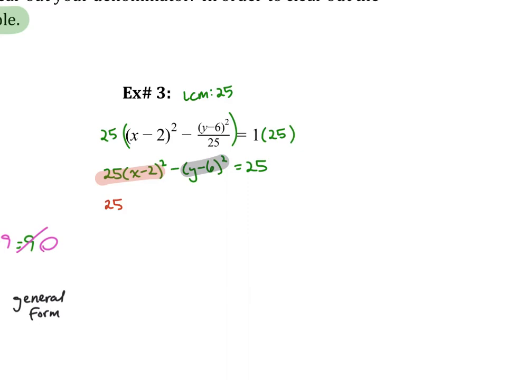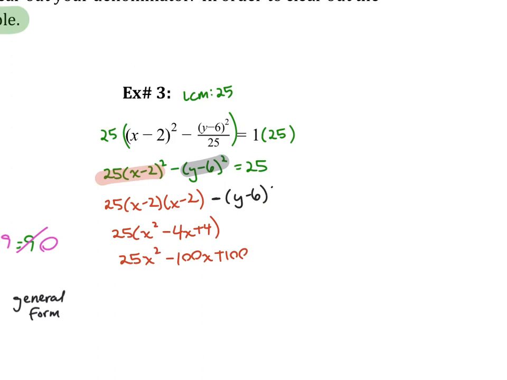So I have 25 times x minus 2 times x minus 2. That gives me 25 times x squared minus 4x plus 4, which gives me 25x squared minus 100x plus 100. I don't want to distribute the negative through until I get to the very end.